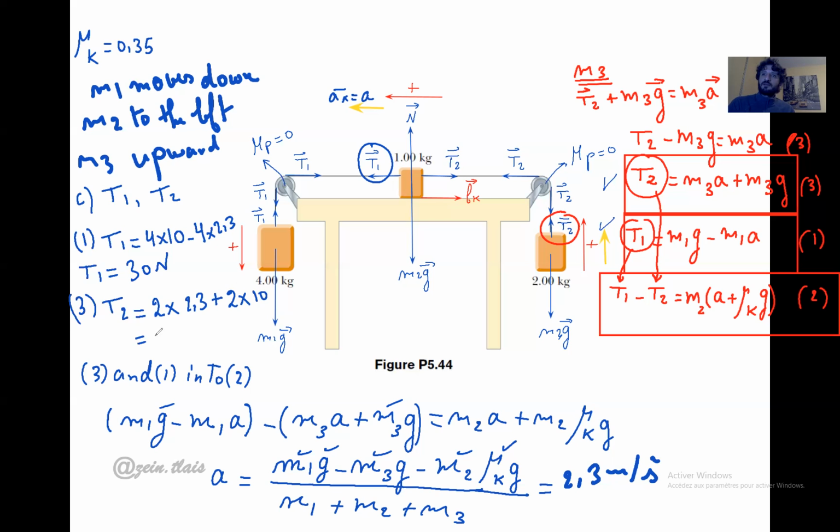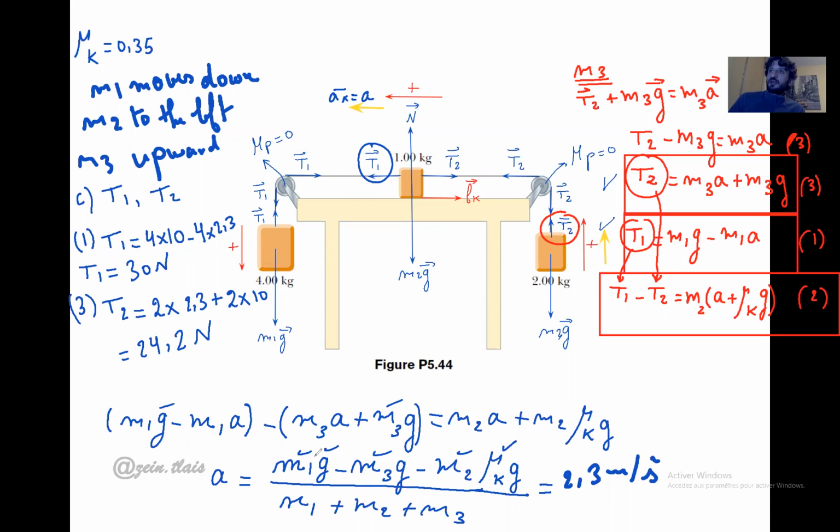We get here 4.6 plus 20, we get 24. We get the final value of T equals 24.2 Newton. Okay, this is the solution.